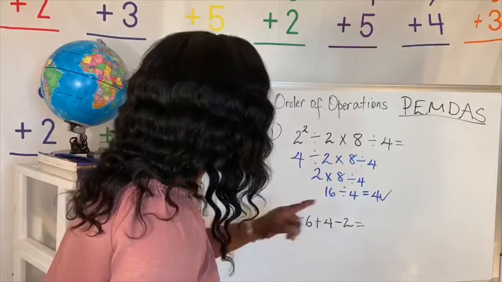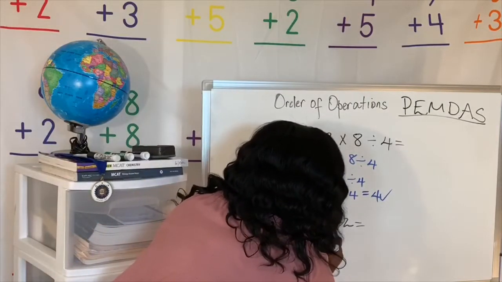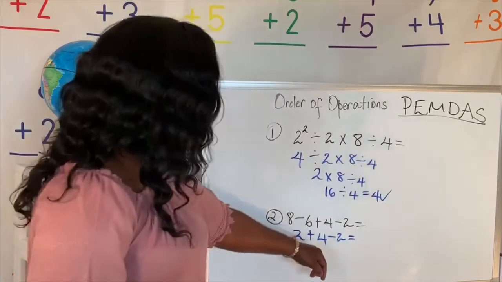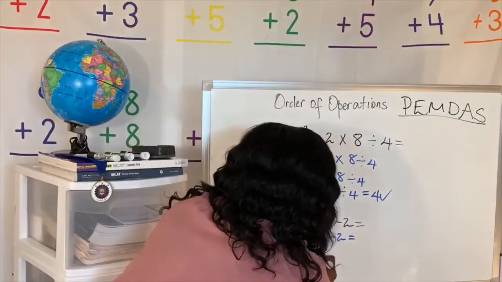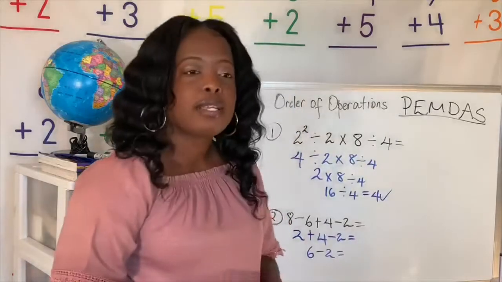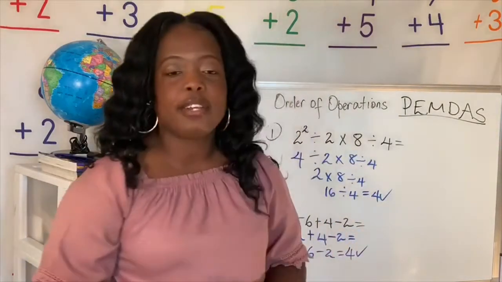So we have 8 minus 6. 8 minus 6 gives us 2. So we're left with 2 plus 4 minus 2. 2 plus 4, we know that 2 plus 4 is equal to 6. So we're left with 6, and then of course the minus 2. And 6 minus 2 gives us 4. So 4 again is our final answer.